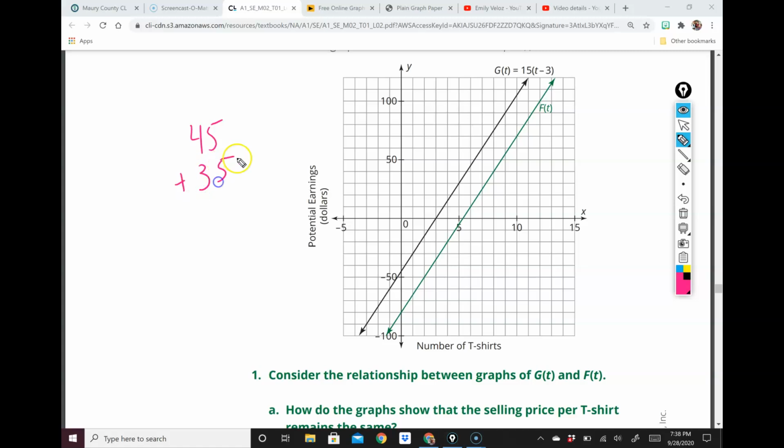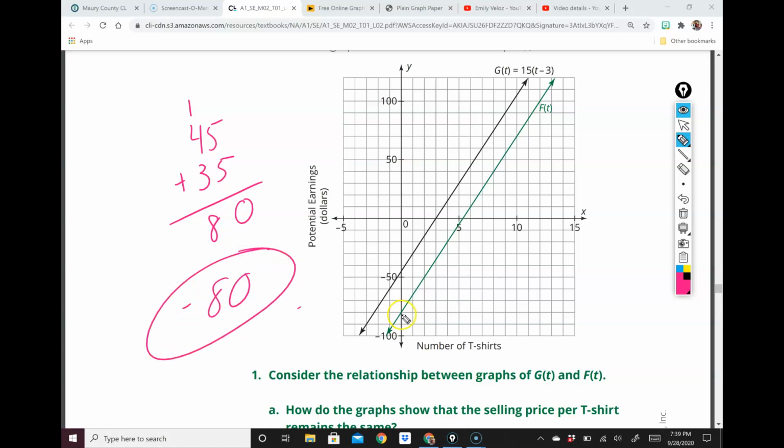Now we have $35 that we also need to pay up front. So that would be $80 that we are having to deduct from our earnings. So here we have negative 80. So that's where we're starting out. We're starting out owing negative 80.